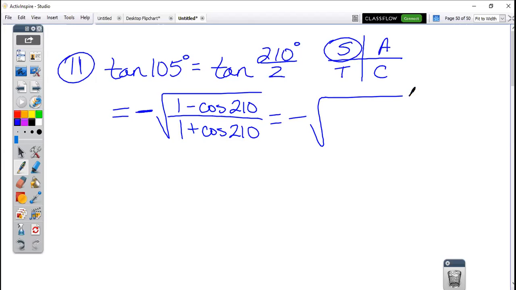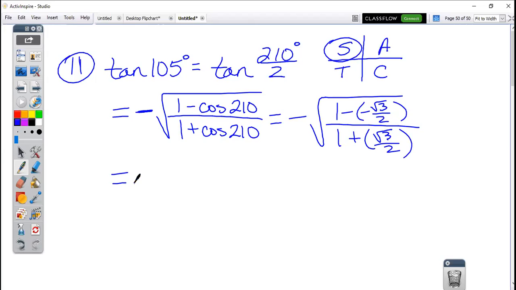Okay? What is cosine of 210? Negative square root of 3 over 2. 1 plus negative square root of 3 over 2. And here's the tangent again.